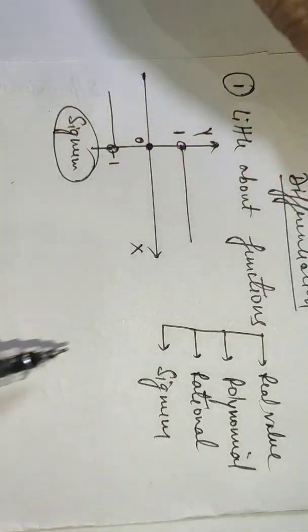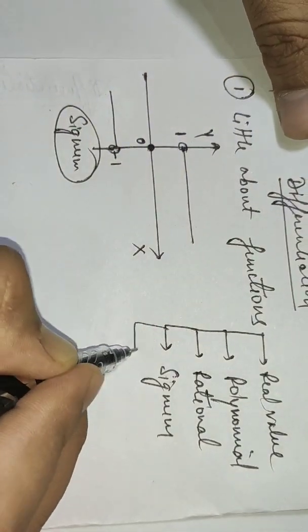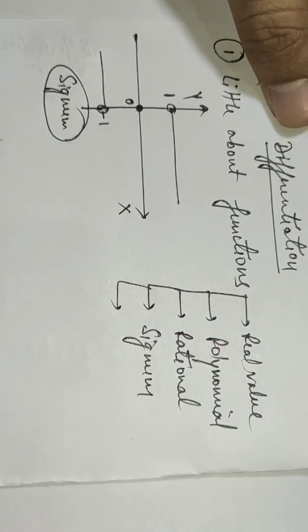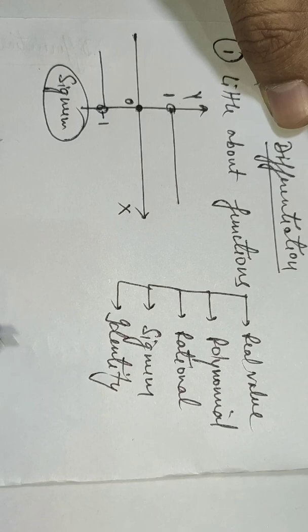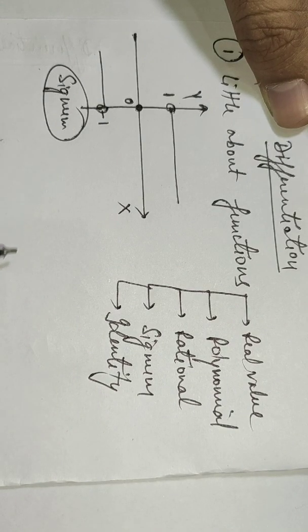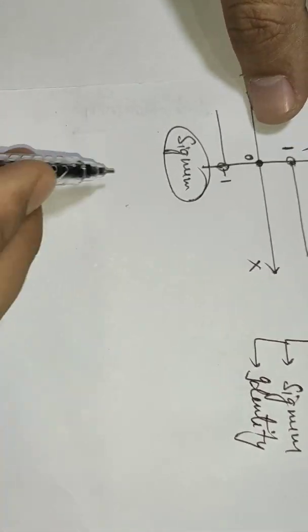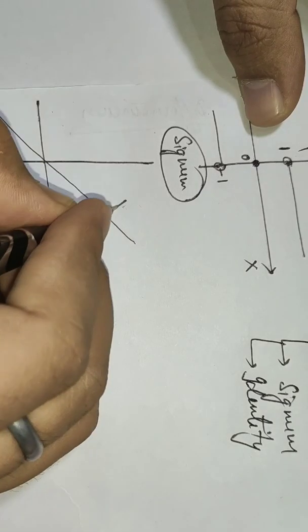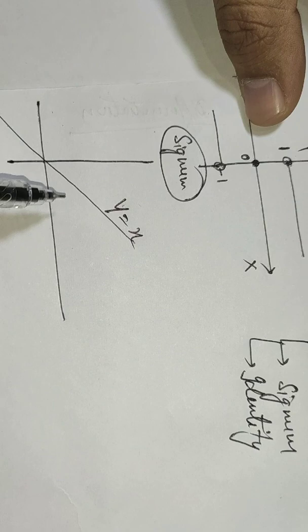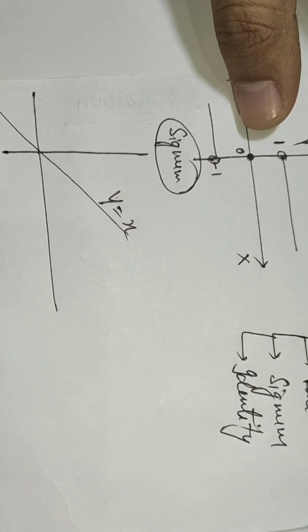Okay, then you know the identity function. The identity function is like this: y equal to x. Why do we call this the identity function?